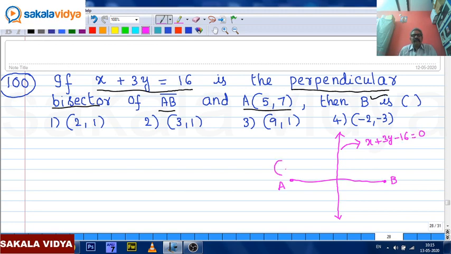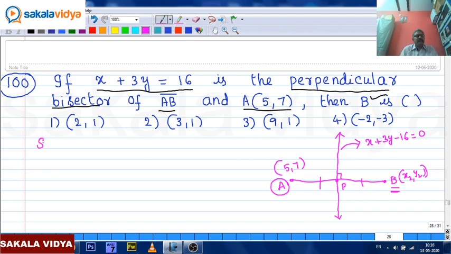Here A's coordinates are given, 5 comma 7. Now B's coordinates we need to find, say x2 comma y2. This will be the midpoint, so PA equals PB. If you observe, B is the image of A with respect to this line.